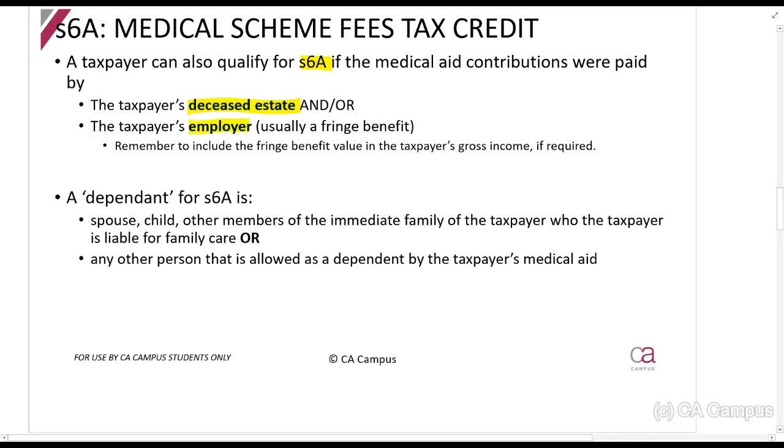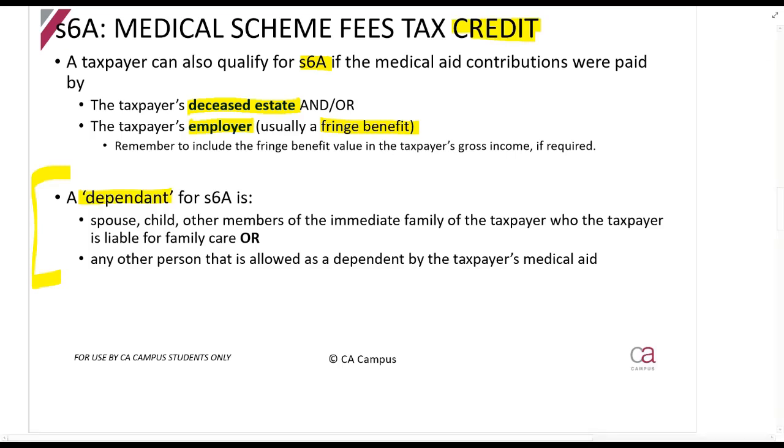Or if your employer pays it. So imagine you're working for someone, the company you work for, pays your medical aid. You will then be taxed on that as a fringe benefit, but then you can get this deduction or this credit.